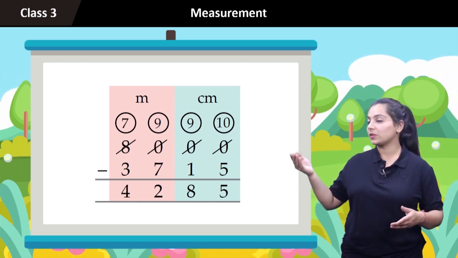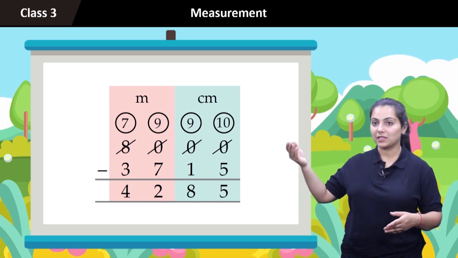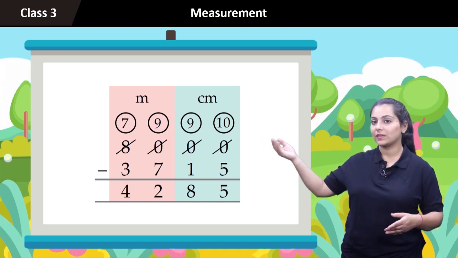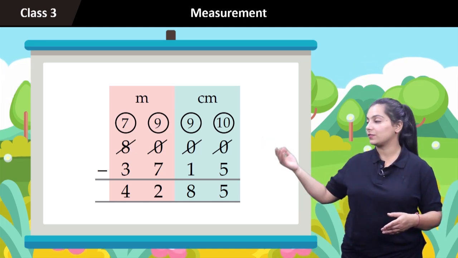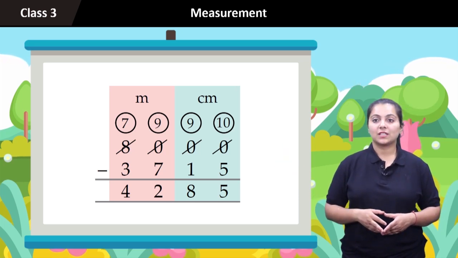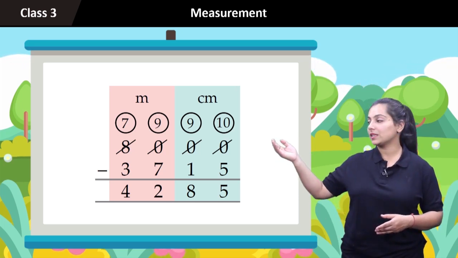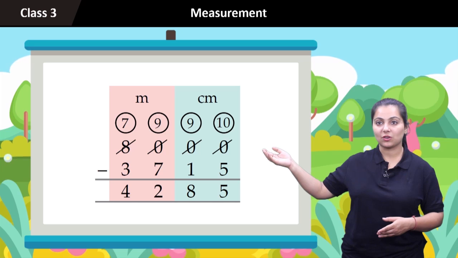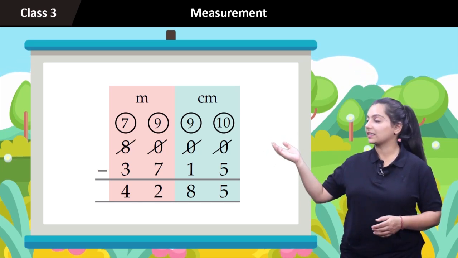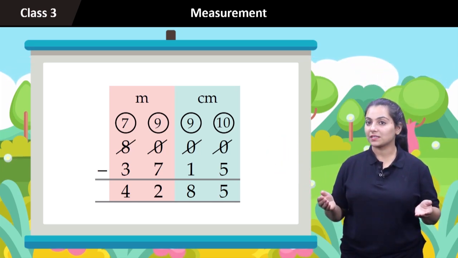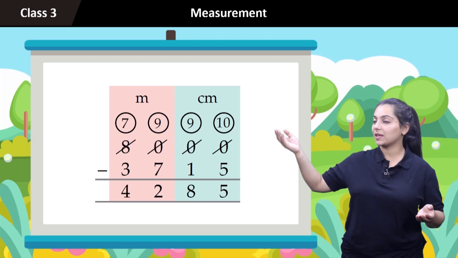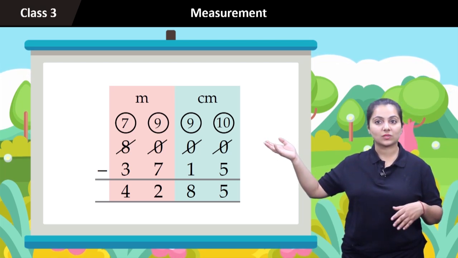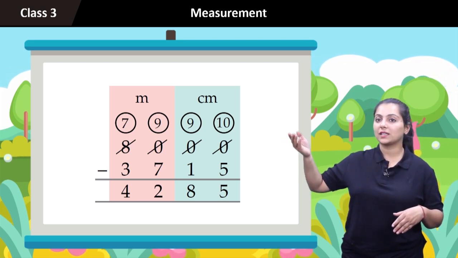Now first of all put them in columns. 80 meter and 00 centimeter, 37 meter and 15 centimeter. First of all we'll start from the centimeter column. 0 is smaller than 5, so we cannot subtract it. 0 will borrow from the other side, but it's also 0. Again it will borrow from the other side.